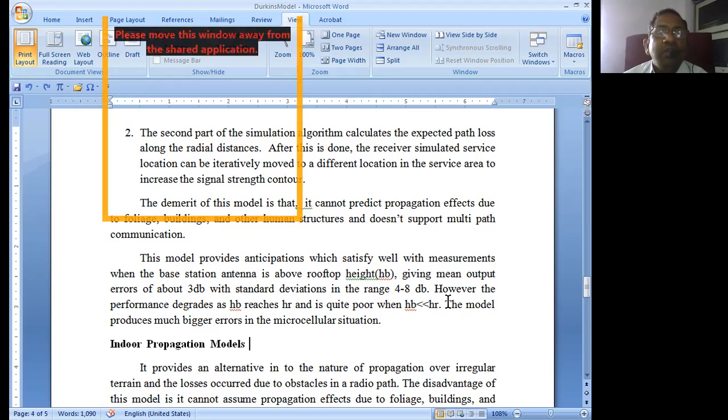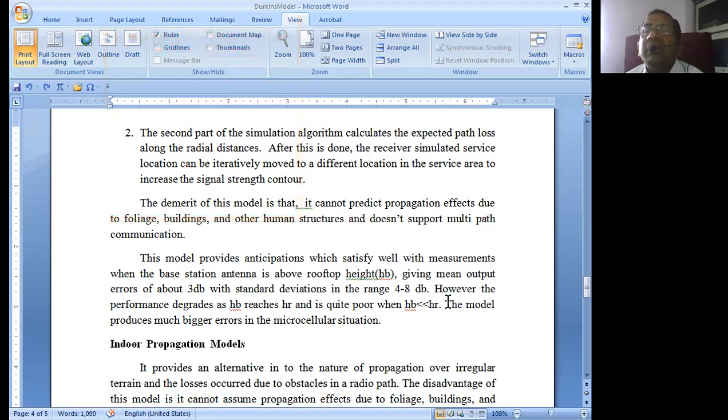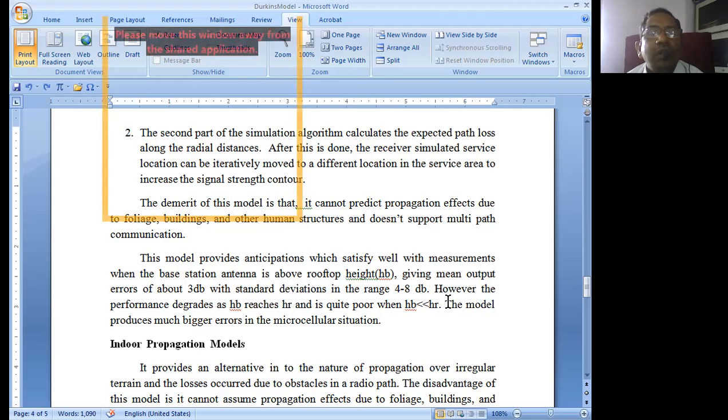However, the performance degrades as the rooftop height reaches the height of the receiving antenna. So the rooftop height should not reach the height of the antenna. The rooftop height should be very much less than the receiving antenna height.